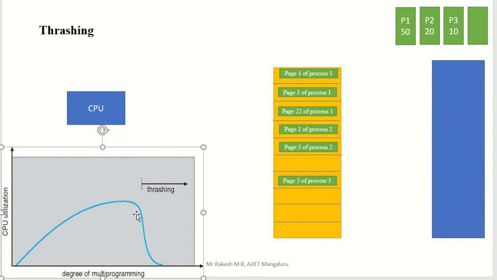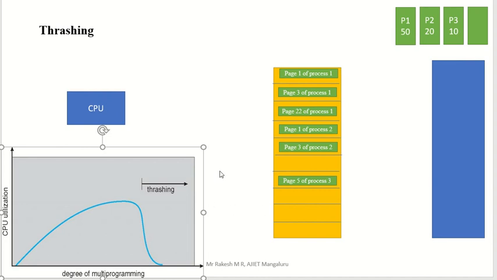See here, as the page faults increase, the degree of multiprogramming and CPU utilization decrease. That page fault increase is only because of the size of the memory. If the size of the memory is smaller than the size of the process, then there is a chance of page faults. If the number of frames required is less compared to the number of pages in your process, there is a chance of page fault.